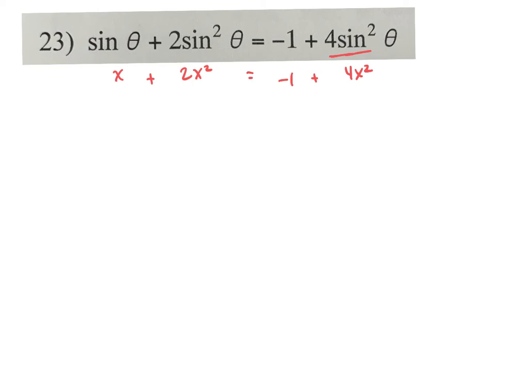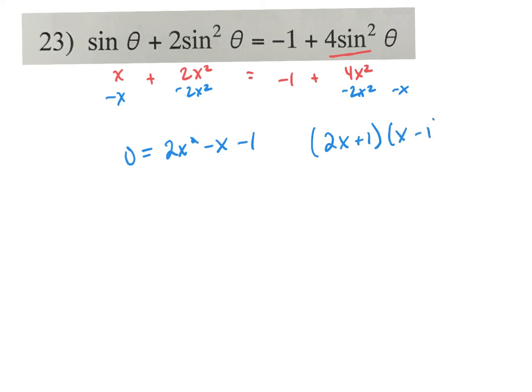So I would subtract my 2x squared over, subtract my x over, and I would have 0 equals 2x squared minus x minus 1. And then I can factor that to be 2x plus 1, x minus 1. You can see that 2x times x is 2x squared, 2x is negative 2x, positive x is negative x. So this is my factoring for this guy.